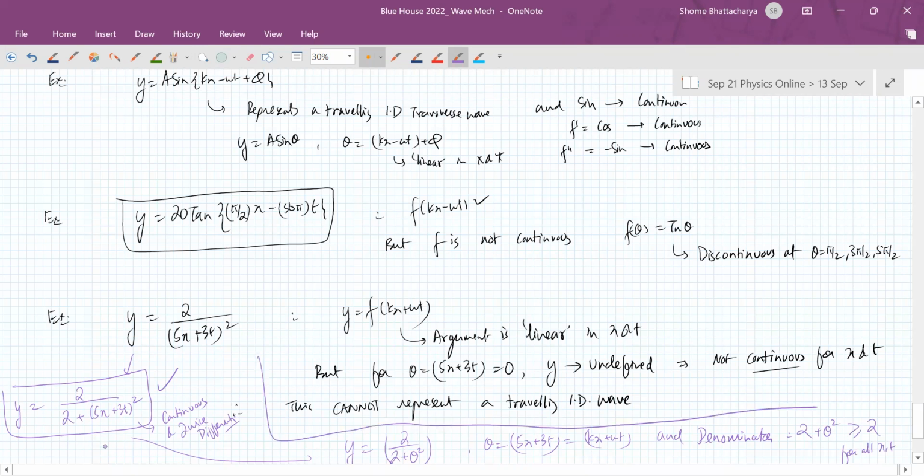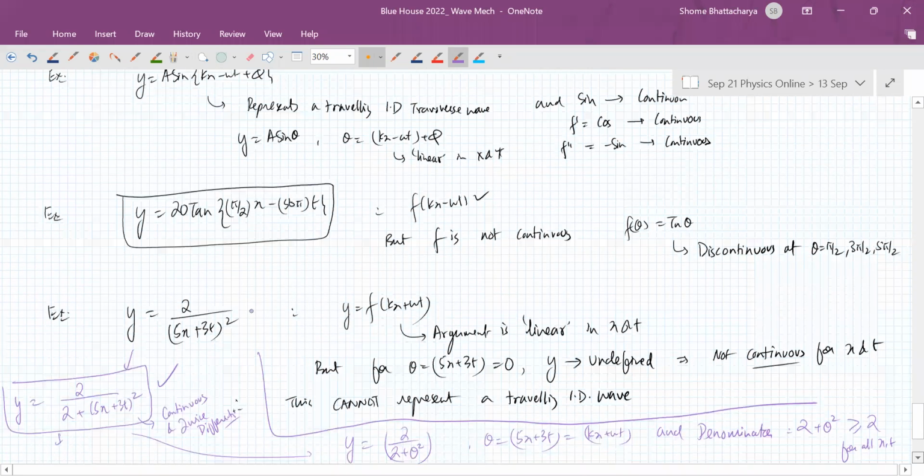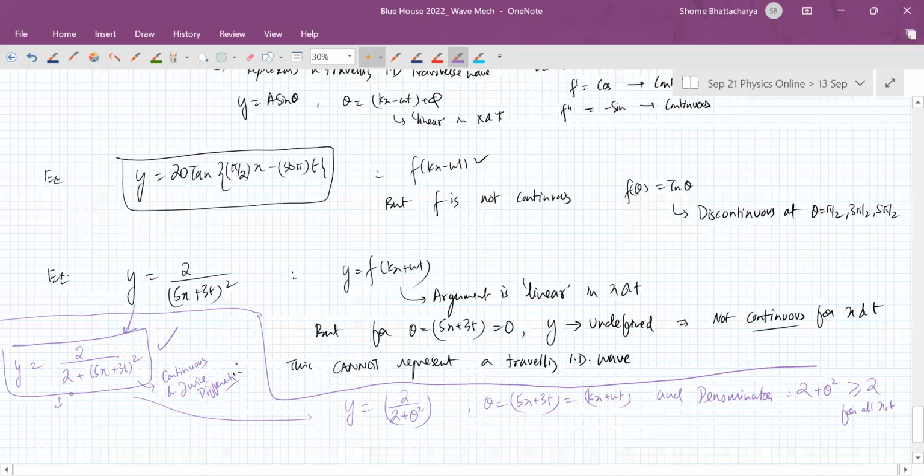So this now represents a traveling wave, whereas the above one did not. If we modify this function to this by just putting this extra term in the denominator, you can see that now this represents a traveling one-dimensional wave.